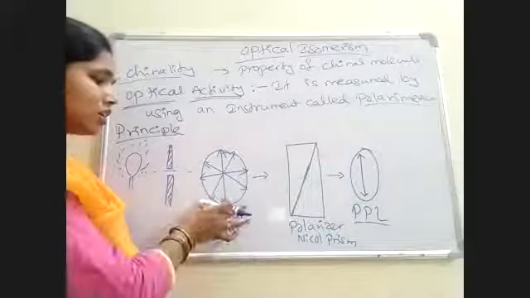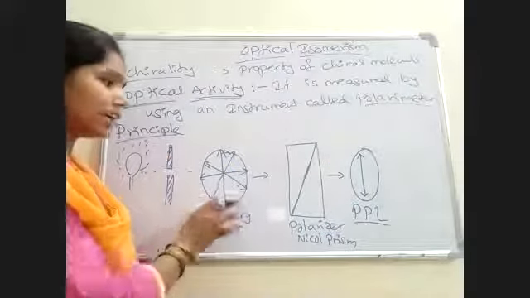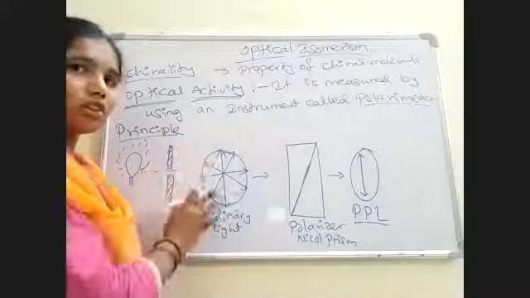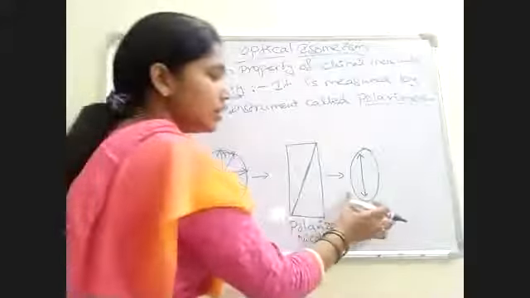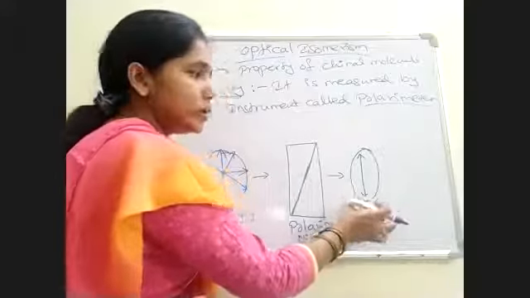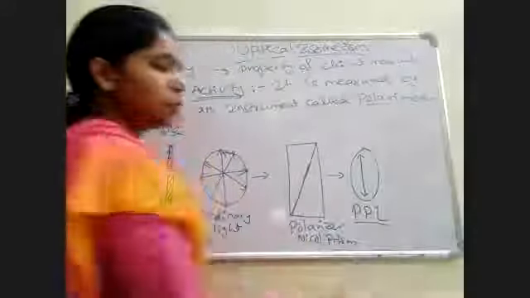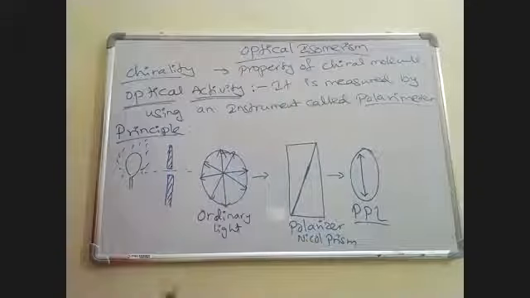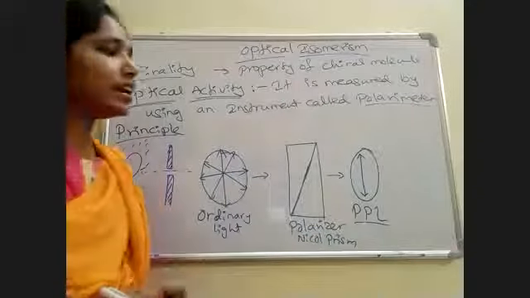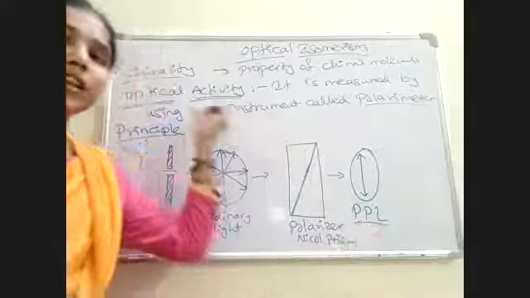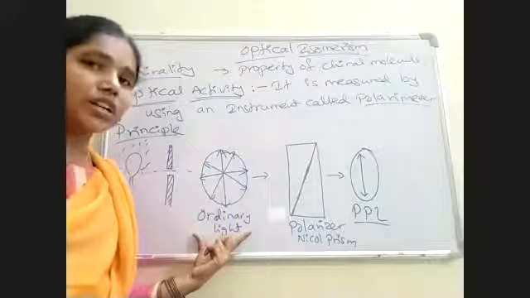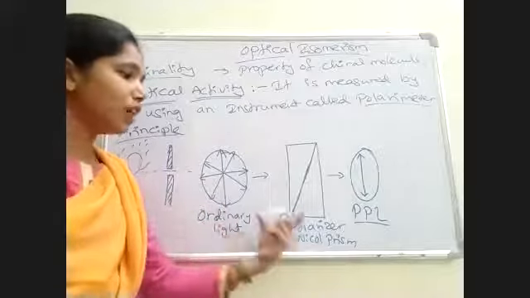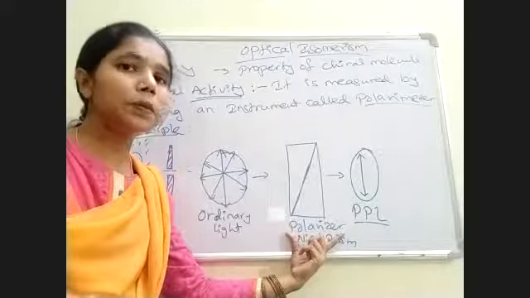Here the oscillation of the light is in different planes. In all different directions light is oscillated, and here the light is oscillated in only one plane. So this is called plane polarized light. We want plane polarized light to study the optical activity in an organic molecule. We do not want the ordinary light. So we have to put the polarizer in the polarimeter.